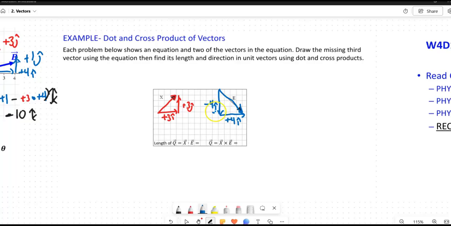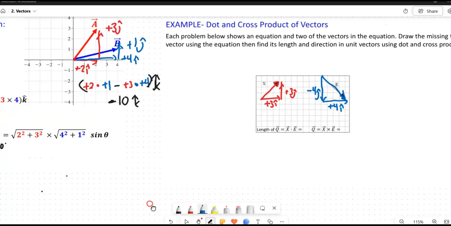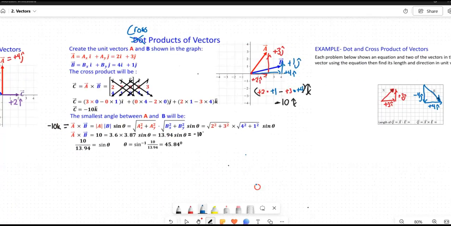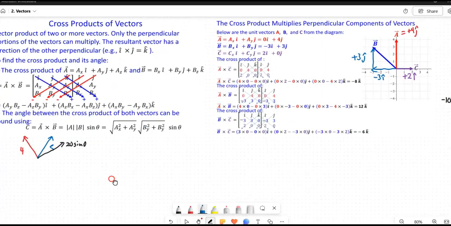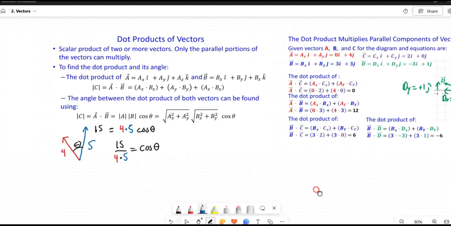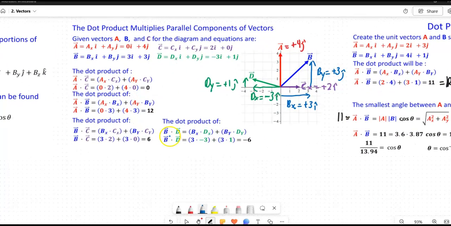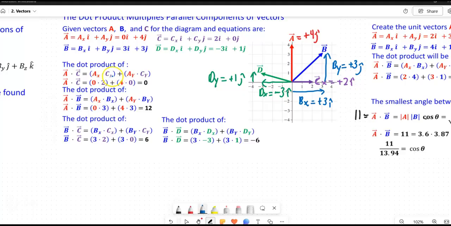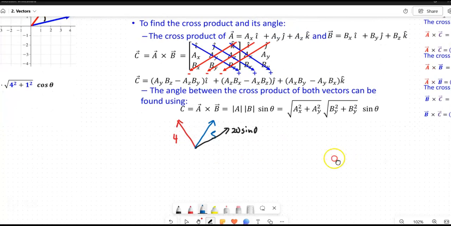Okay. Now that we have it portioned out, let's do the dot product of this, which we learned to figure out the length of that third vector right here. To do the dot product, we're just going to take the parallel portions and multiply them together, and then add them to the other parallel portions multiplied together.